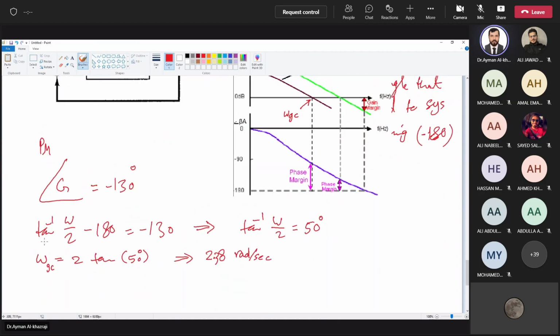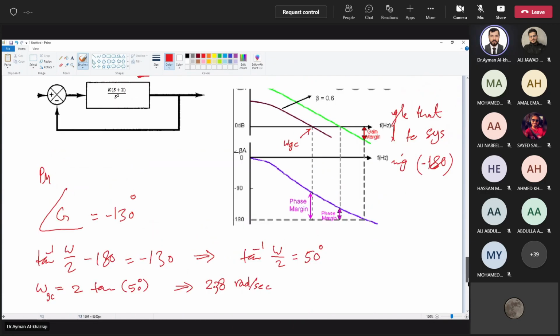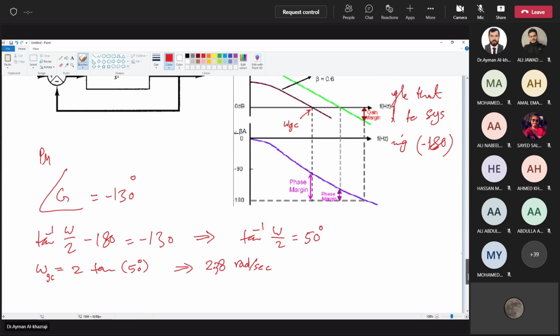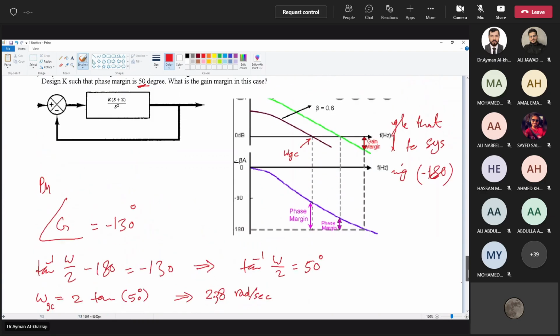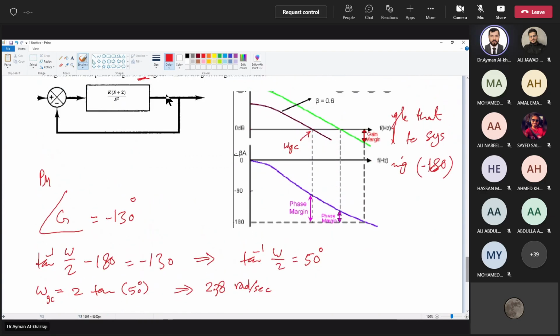What is the gain at the gain crossover frequency? What is the magnitude? 1, or 0 decibel. You agree? Yes. So go to this one. Now the magnitude of G equals K.